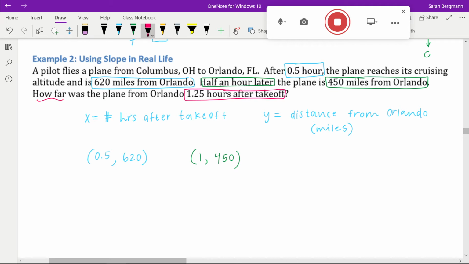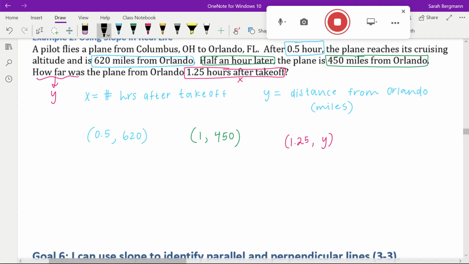This is asking us how far. Is that an x or y value, do you think? This should be a y value. It's giving us an x value. So we know that the x value is 1.25, and they're basically asking us to find y. What we can do is figure out the slope between the first 2 points.